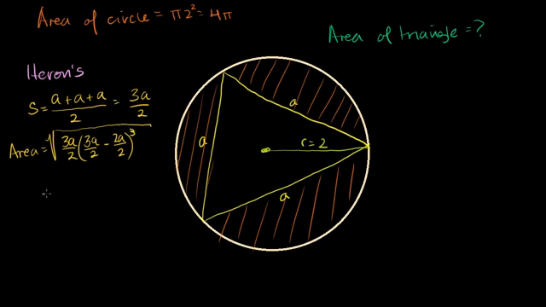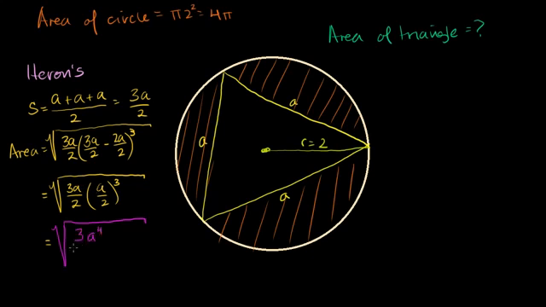So what's this going to be equal to? This is going to be equal to the square root of 3a over 2 times, and then this right here is going to be 3a minus 2a, which is a, so a over 2 to the third power. And so this is going to be equal to 3a times a to the third, which is 3a to the fourth, over 2 times 2 to the third.